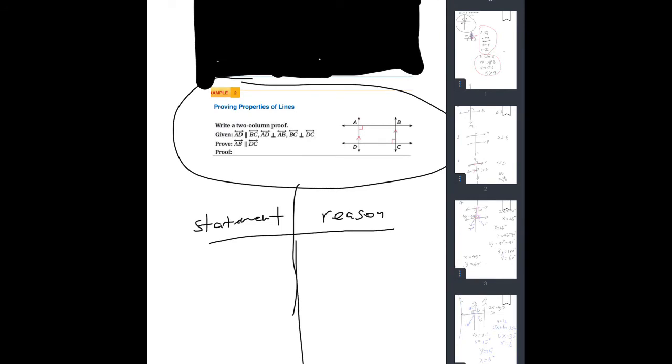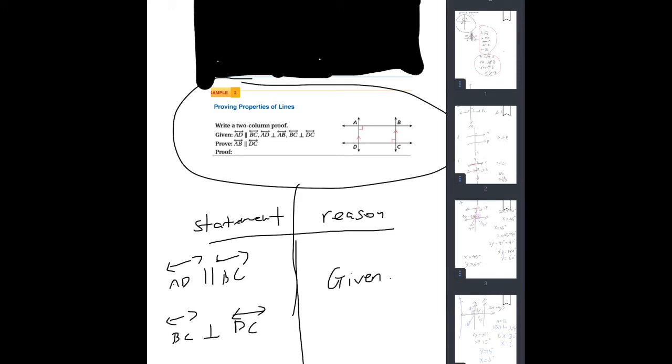What is the first statement? We know line AD is parallel to line BC. We know line BC is perpendicular to line DC. So what does that mean? That is given.